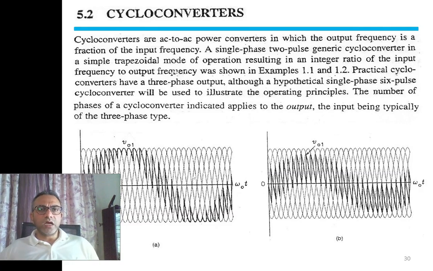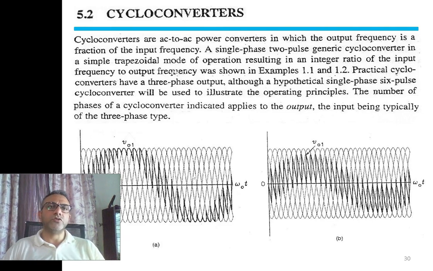Cycloconverters are AC to AC power converters in which the output frequency is a fraction of the input frequency. The single phase two pulse generic cycloconverter in a simple trapezoidal mode of operation, resulting in an integer ratio of input frequency to output frequency, is shown in example 1.1 and 1.2.